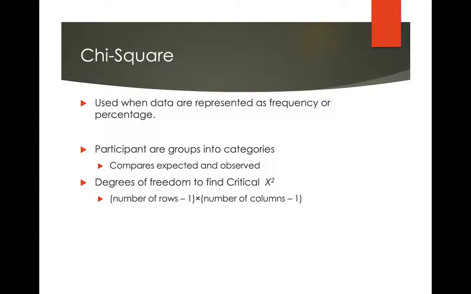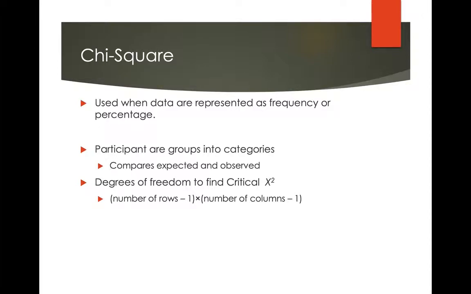To tell the difference between the frequency or the percentage, I will use a one-way chi-square test. In this test, the participants are grouped into categories and we compare the expected value to the observed value.